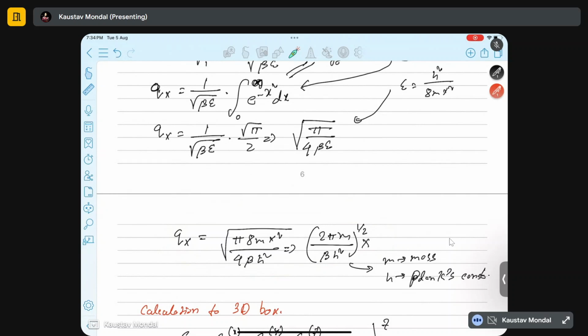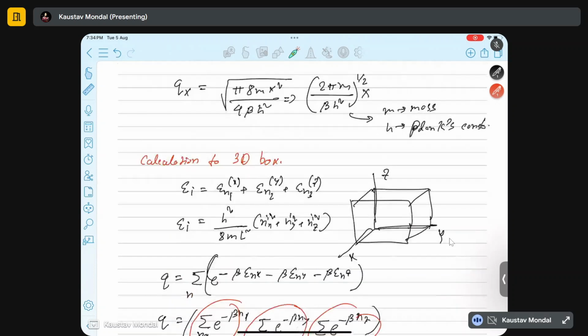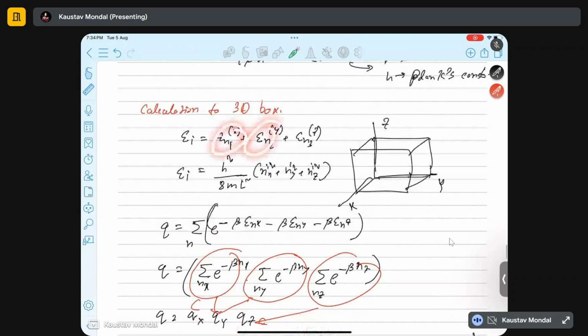Now what happens in the case of a 3D box? Most of the practical problems that we will encounter have a 3D box, right? For the 3D problem we also know the energy states. There are three degrees of freedom, nx, ny, nz, because now the dimension is extended towards the x and y axes.